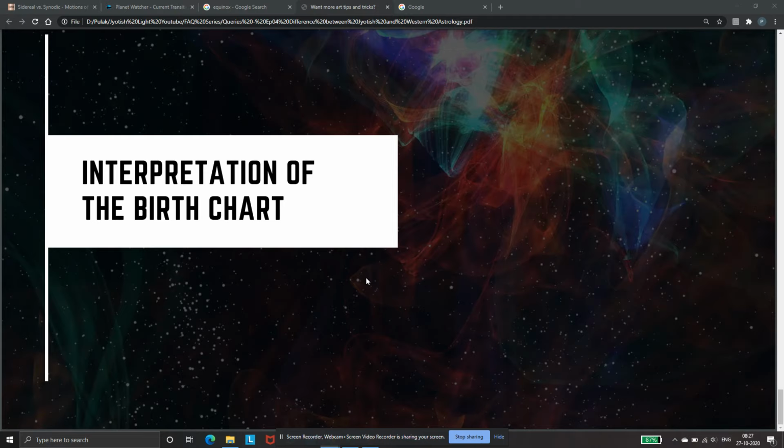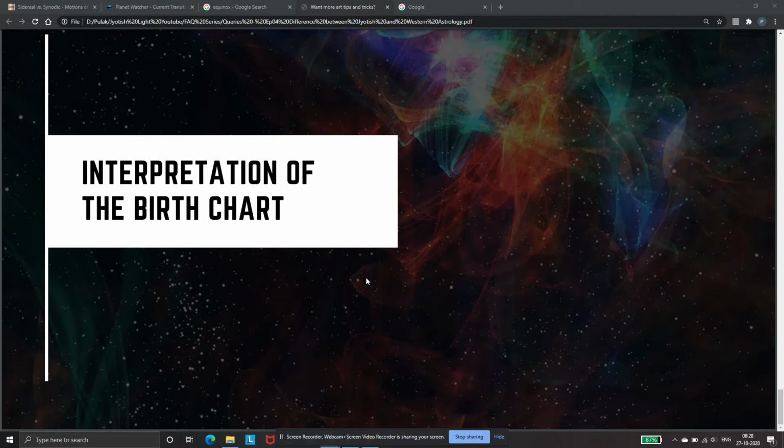And finally, we come down to the interpretation of the chart itself. Now, like I said, in Jyotish, there are three broad things that one can study. One is, of course, the static potential of what the soul is likely to experience in this life, the second is the psychological makeup of the person, just in terms of likes and dislikes, and then the third thing is the kind of events, people, and situations that a person may experience in his or her life.